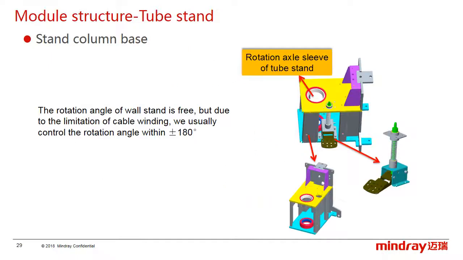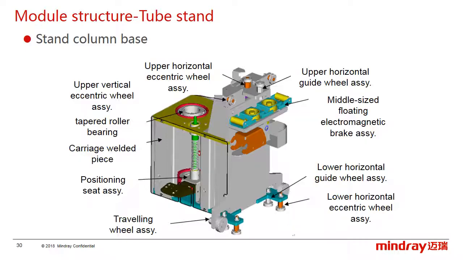The next structure is the stand base. The rotation angle of the tube stand is free, but due to the limitation of the cable, the actual rotation angle of the tube stand is within 100 degrees.